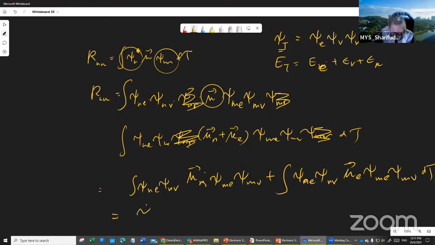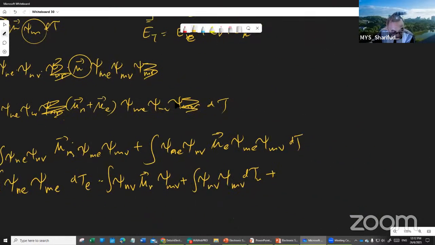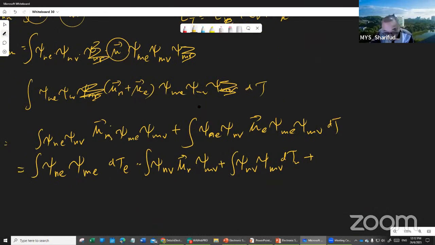This will equal the integral of psi n E psi m E d tau for E, times the integral of psi n V mu n psi m V plus psi n V psi m V d tau n, plus, okay, not plus, sorry, plus is actually multiplication, of psi n E mu E psi m E d tau.